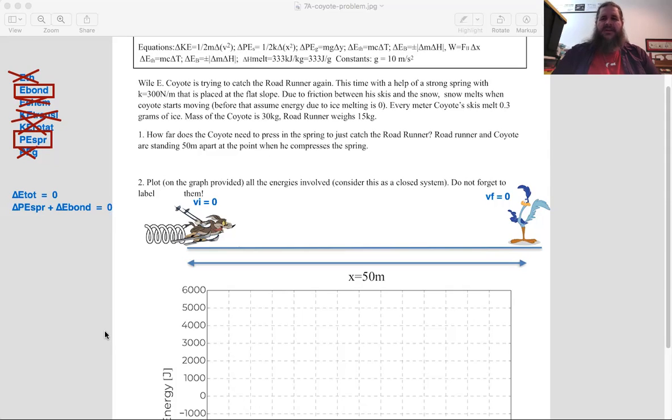And ultimately, the only difference between an open system and a closed system is, are you including everything? In this case, we are including everything that's changing as a result of this process. So this is a closed system. There's no energy coming in or leaving from outside because we're only talking about transfers of energy between systems, or types of energy, we are including. Any questions on that setup so far?